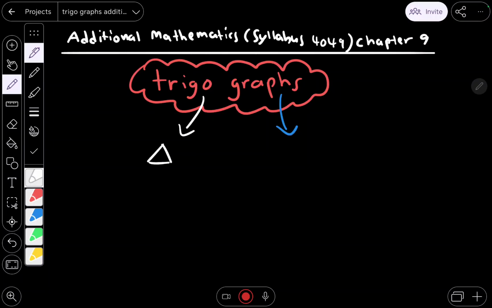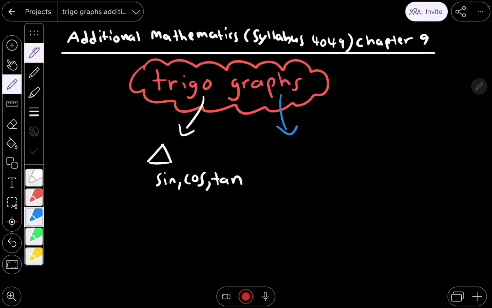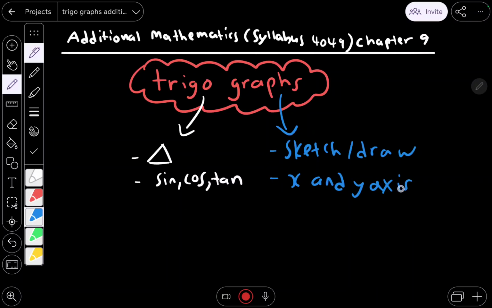I will say triangles, and the functions as well: sine, cosine, tangent. These three. And how about graphs? I'll think of graphs as something you're going to sketch or draw, and it also involves your x and y axis.